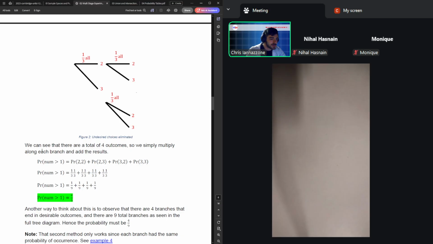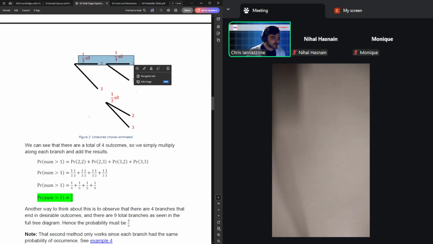When it comes to calculating your probability, because you only drew what was relevant, all you're going to do is multiply along what you see directly. There's no further thoughts to be had. So you need to do this anyway. You already need to prune these branches, so you might as well make the most of it and not waste time drawing the ones that you know you're not going to need anyway.